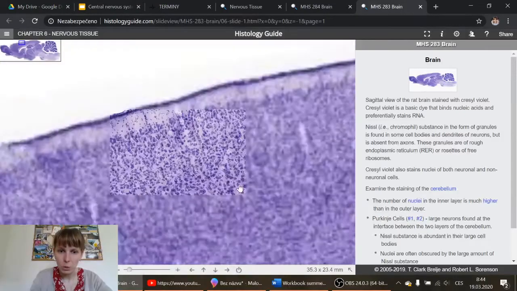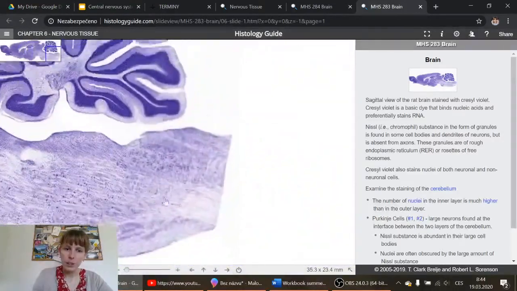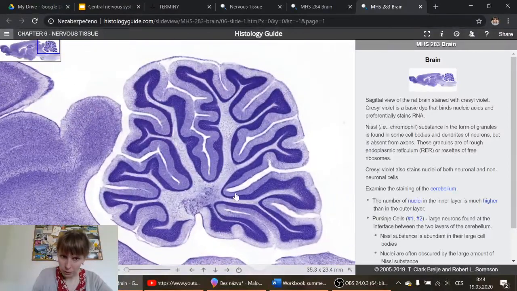So let's take a look at the Nissl stain again, because there's no cerebellum slide either. So let's zoom out. We saw it in the presentation with hematoxylin eosin, and this is the cerebellum with cresyl violet again. So it's still pretty, and we can zoom in and take a look at the different layers. So even from this far away, you can see that the inside will be the white matter.